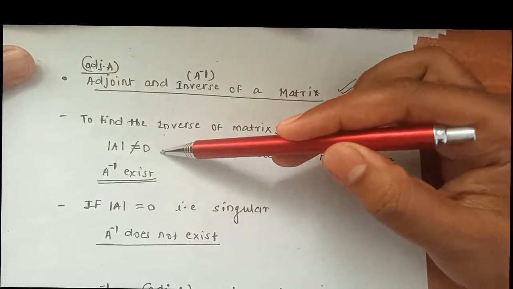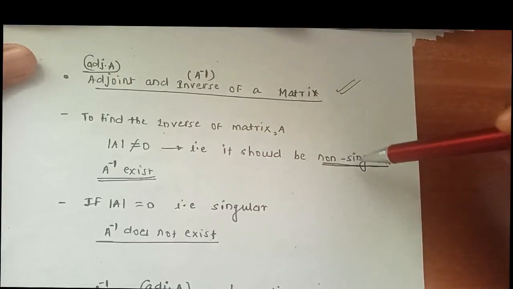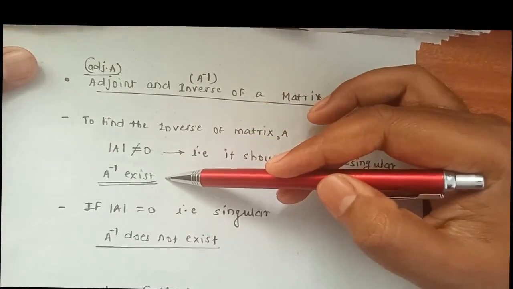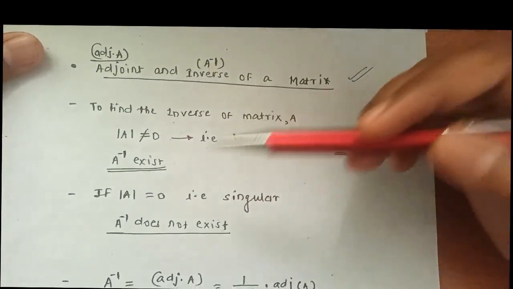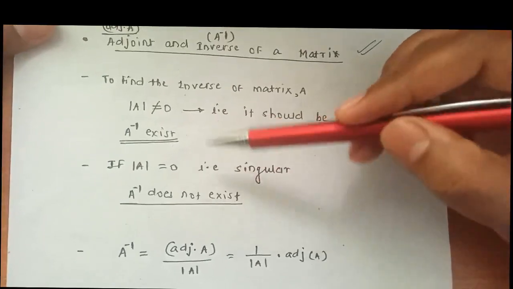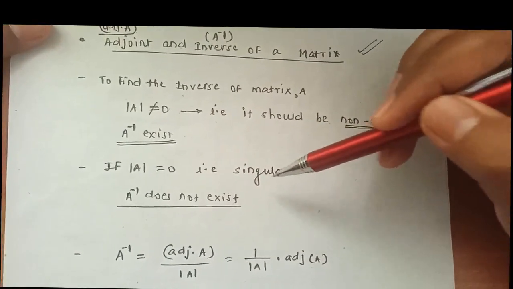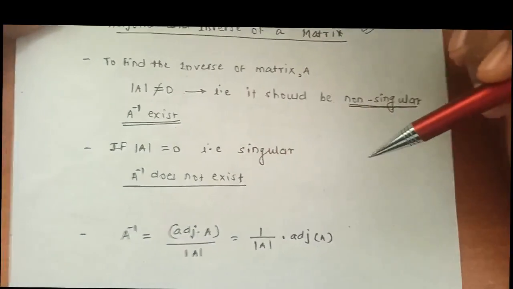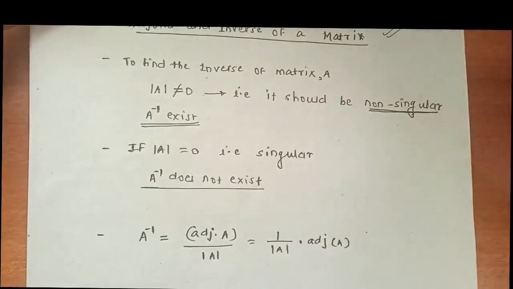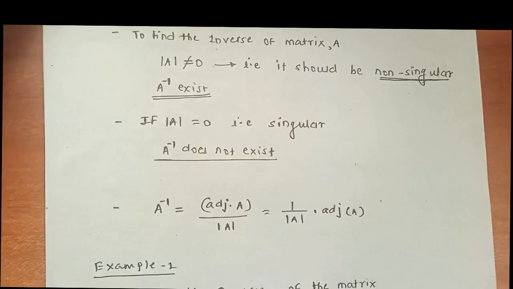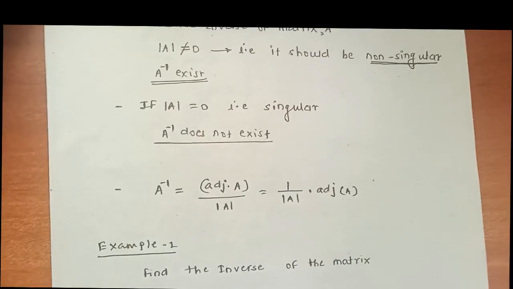If the answer is not 0, the determinant is non-singular and we can find A inverse. But if you expand the determinant and the answer is 0, then the determinant is singular and we cannot find the inverse. So these are the two cases: we first see whether the determinant is singular or non-singular, depending on whether the answer is 0 or non-zero.